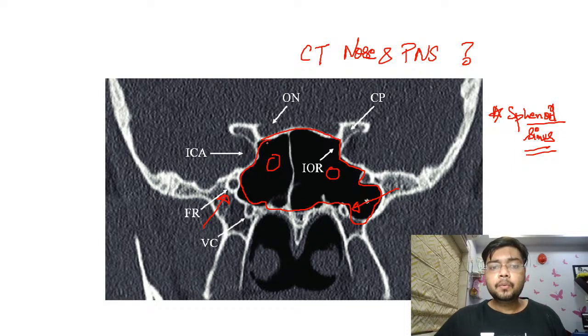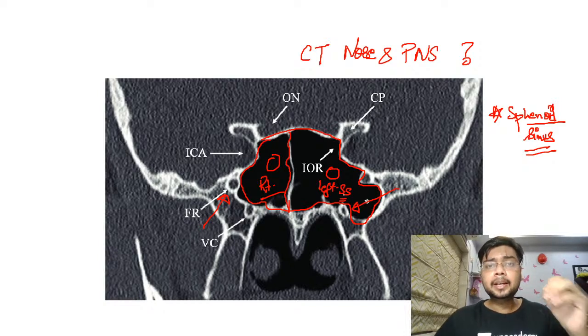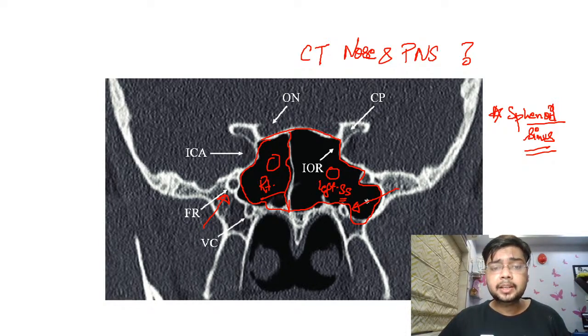And what is this? So this is your intersphenoidal septum, which is separating the right sphenoid sinus from the left sphenoid sinus, right? And what all the structures you can see? The structure that is inferomedial is the canal for the vidian nerve, and the structure that is more lateral is foramen rotundum.